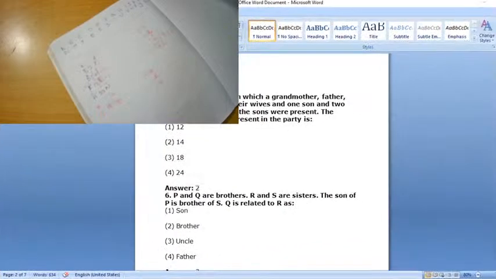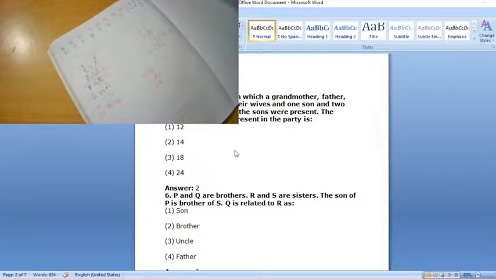Do we have such an answer? Yes, we have the answer 14. So 14 is the answer.